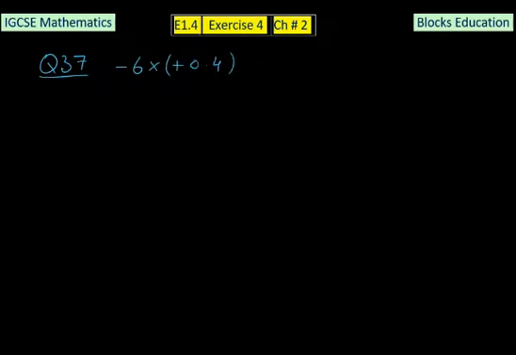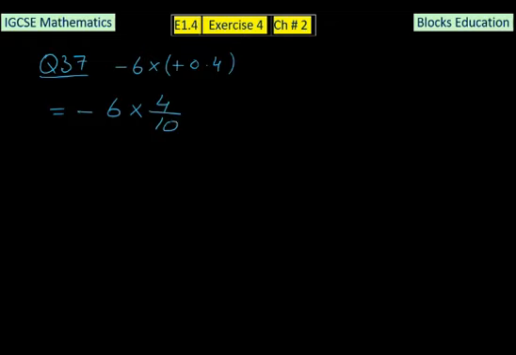Okay, in question number 37 it says minus 6 multiplied by plus 0.4. Once again, let's multiply the signs first. Minus multiplied by plus makes minus, and let's write 6 as it is, and 0.4 we can write as 4 over 10. If you have seen my previous videos, I have explained in detail how you can make a decimal number a fraction.